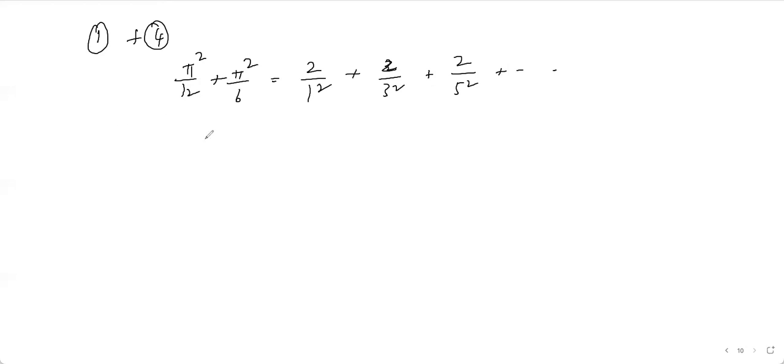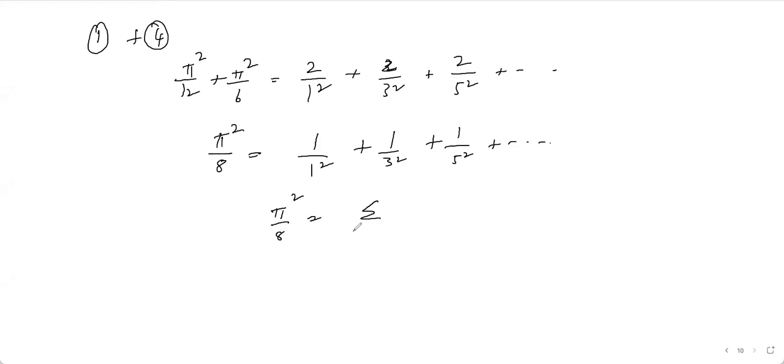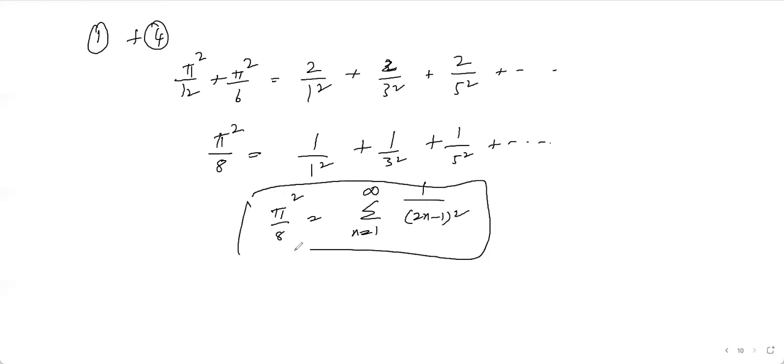Yeah, again after simplifying this you get pi square by 8 by 1 square, 1 by 3 square, and 1 by 5 square, and so on, which is equal to summation n is equal to 1 to infinity 1 by 2n minus 1 whole square. Okay, so hence we got the following results, which is pi square by 12 and pi square by 6 and pi square by 8.